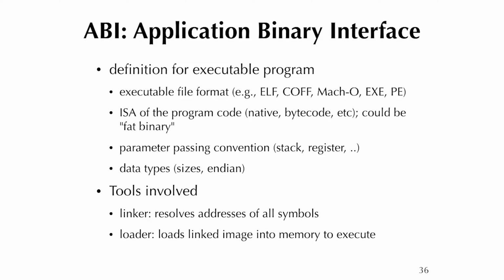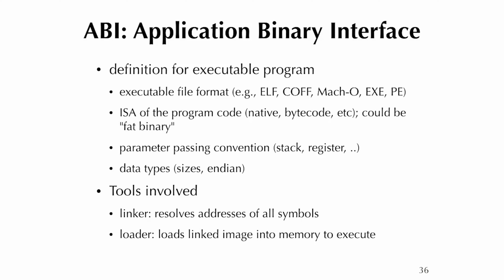And data types like sizes and endianness, right? So like int, is int 16-bit, 32-bit, 64-bit? How big is int? Float, how big is float? And also you probably know about endianness, right? So big endian, little endian, bit order, byte order. Intel tends to be little endian, so the least significant byte is at the lower address, but pretty much everybody else is big endian. But then there are architectures that support both.